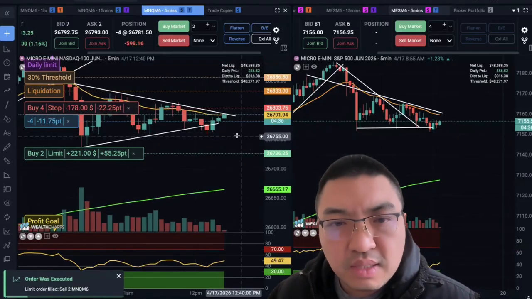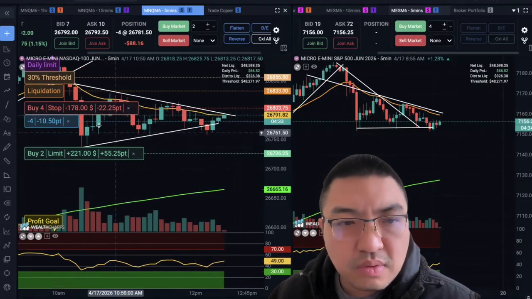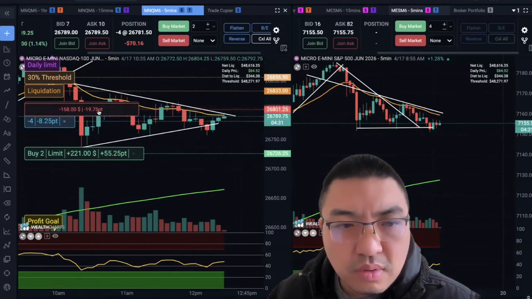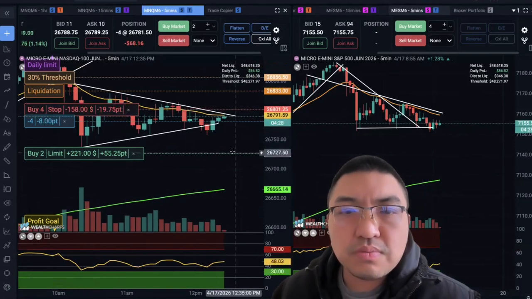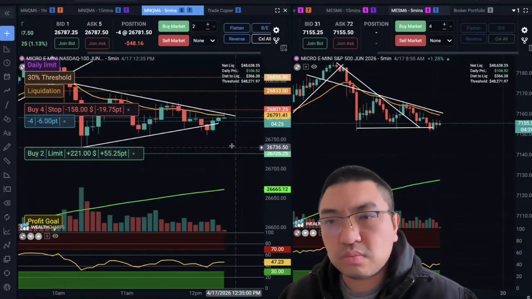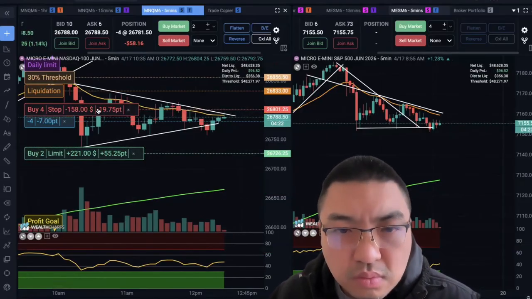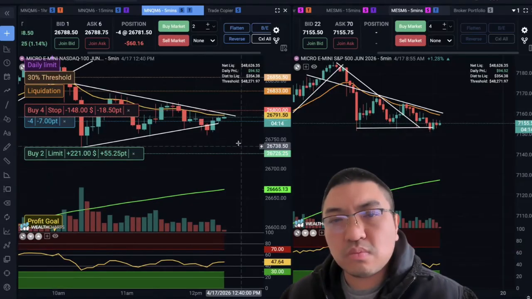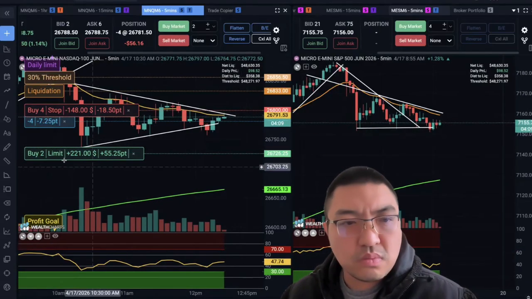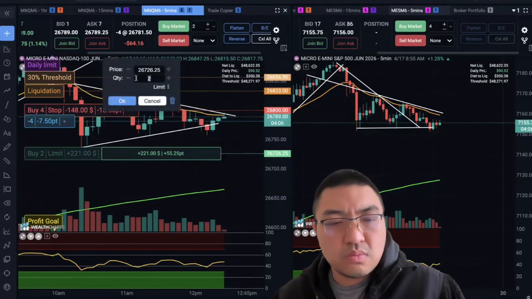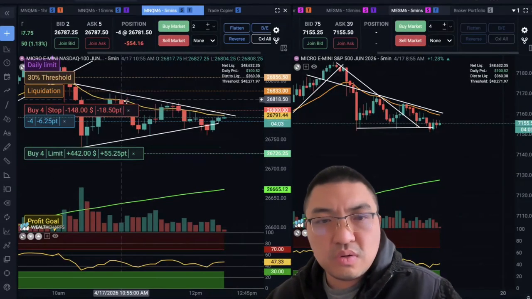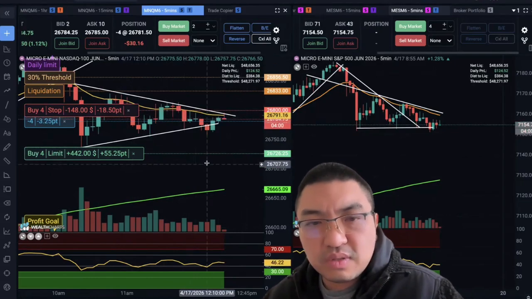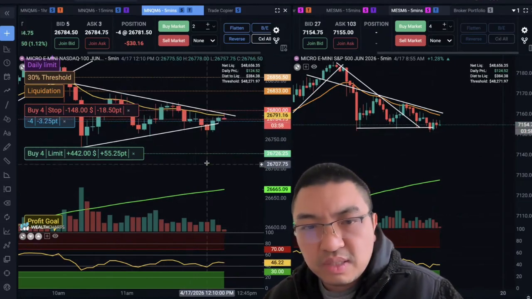Oh, we break to the upside. You see? Let's see this candle, if it will get rejected by EMA 21 again.